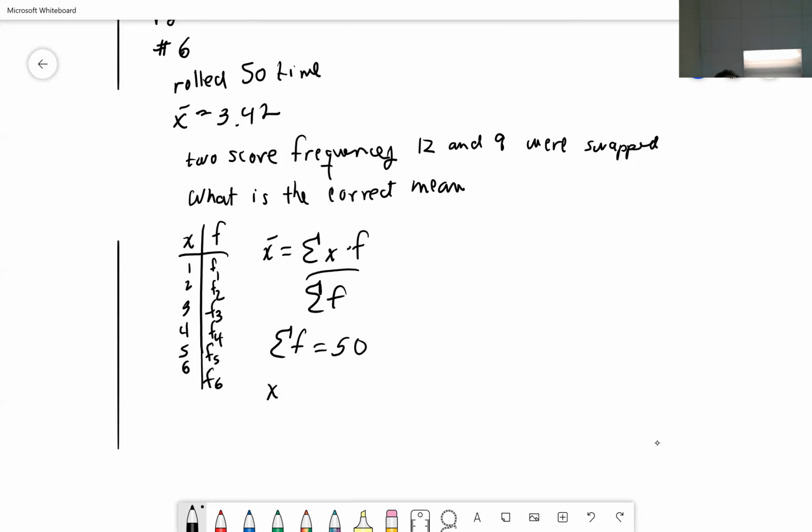We also know that X bar equals 3.42. So we can indirectly find, or directly, however you want to say it.